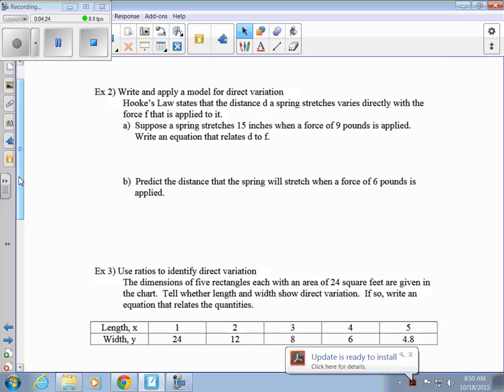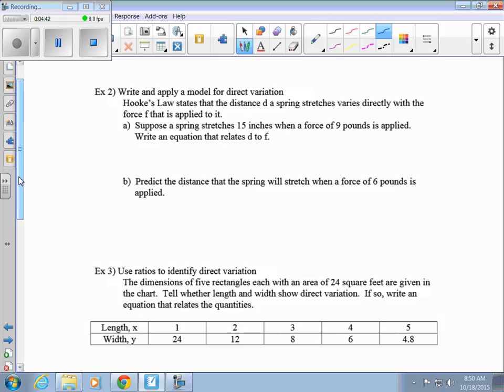Example 2 says we're going to write and apply a model for direct variation. Hooke's law states that the distance d a spring travels varies directly with a force F that is applied to it. So when we look at this, we want to come up with the general direct variation equation.